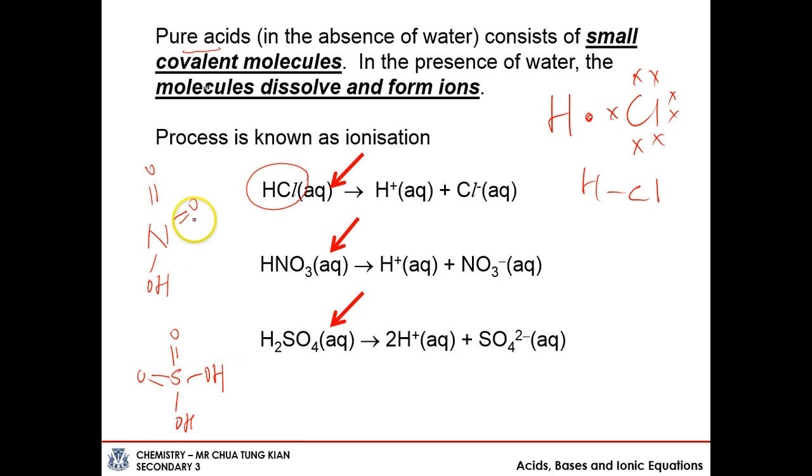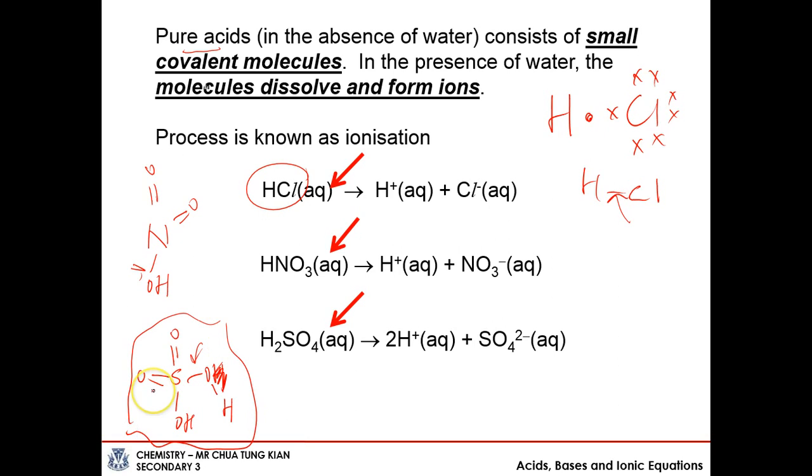Notice that in all these three molecules, they are all covalent molecules, and they all have covalent bonds. The covalent bonds bind the H to the oxygen atom here, or bind it to the chlorine atom here. So the H cannot be released. It is just a simple molecule by itself.